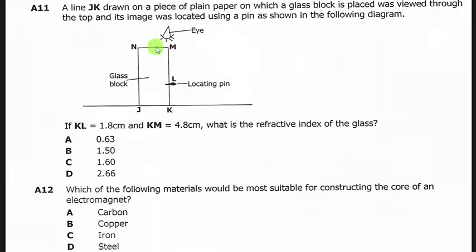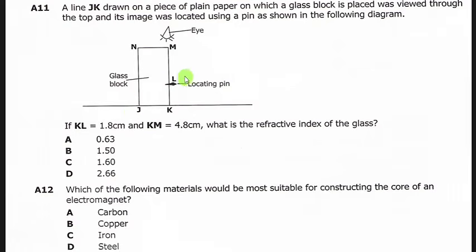So this is a glass block, it is placed here and viewed through the top. So this is the eye viewing through the top to see this line, and its image was located using a pin.